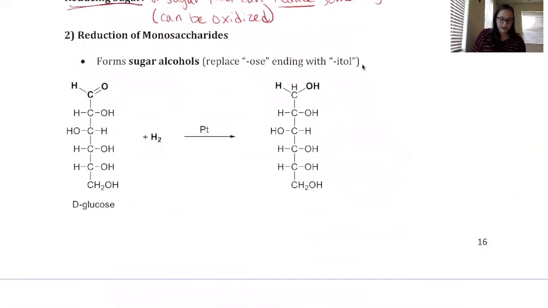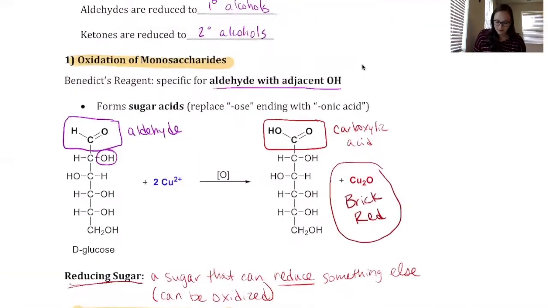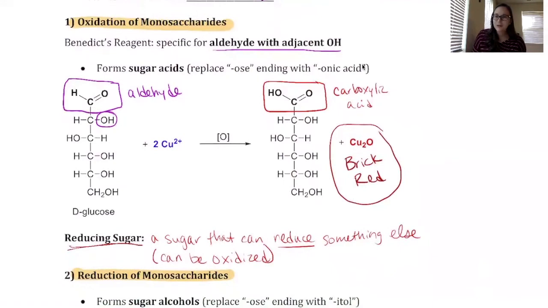The other reaction that we are going to learn is the reduction of monosaccharides, the opposite overall process of what we're talking about. Oh, I forgot something. In these oxidation reactions, we no longer can just call them sugars.